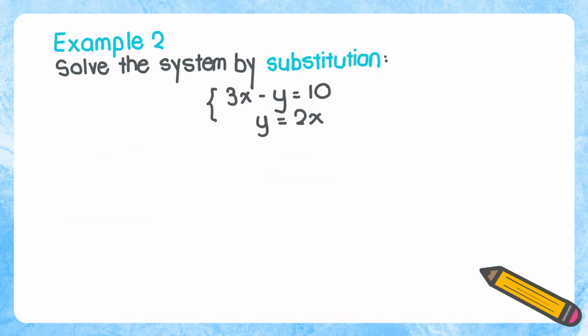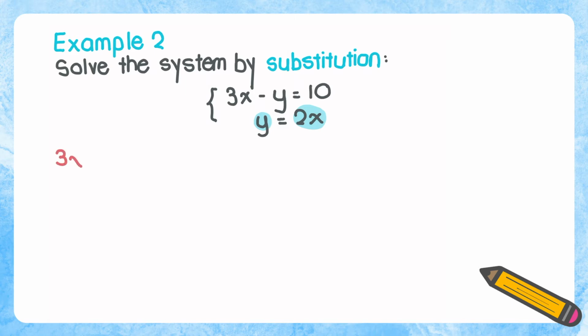For example 2, we have these two linear equations. 3x minus y equals 10 and y equals 2x. So let's use substitution to solve this system. Since y equals 2x, I can replace this top y with 2x.